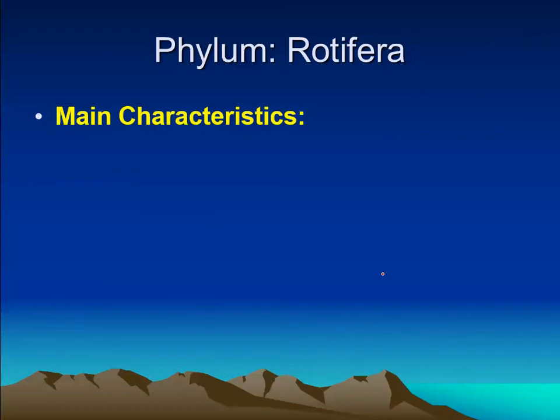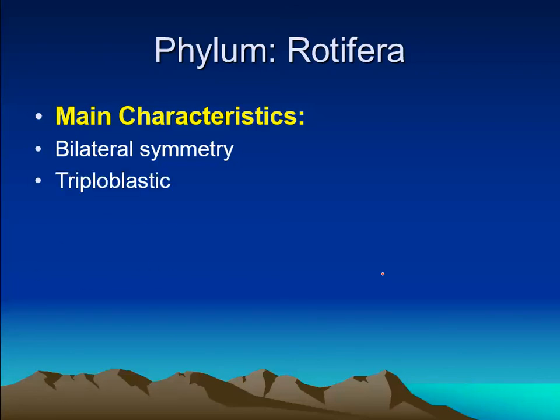So what else should we know about rotifers? They have bilateral symmetry, which, as you know, if they have bilateral symmetry, they are also triploblastic. Rotifers are pseudocoelomates. They have a pseudocoelom, which means they have a body cavity, but it's not lined with mesoderm on both sides, only one.